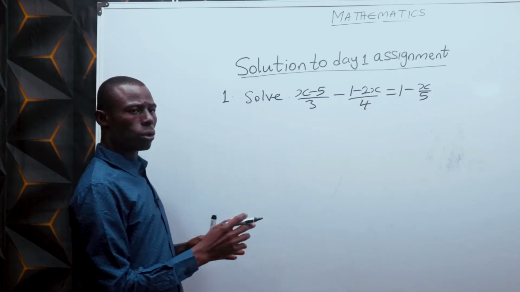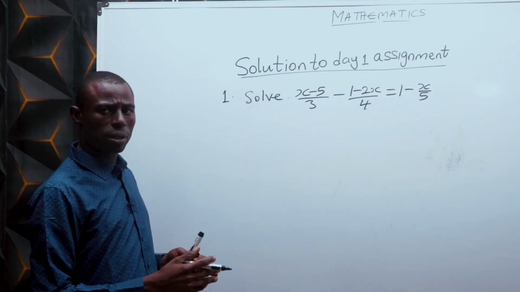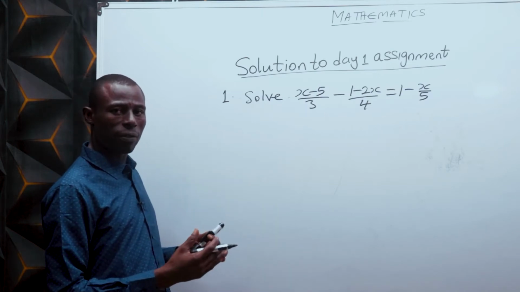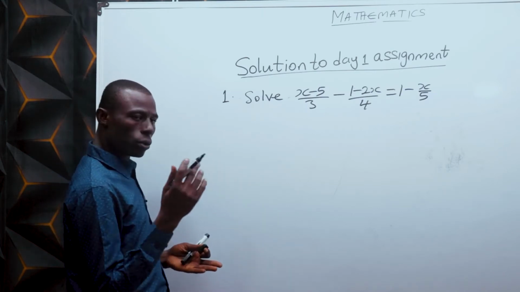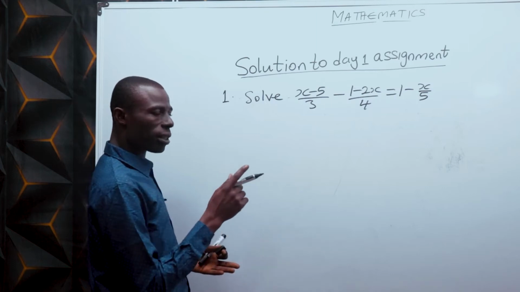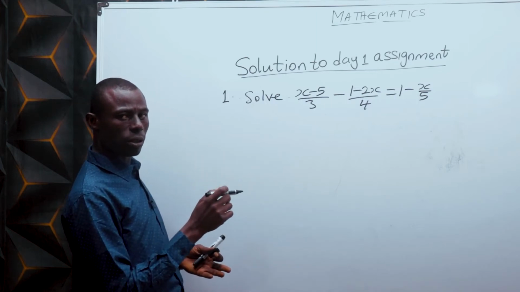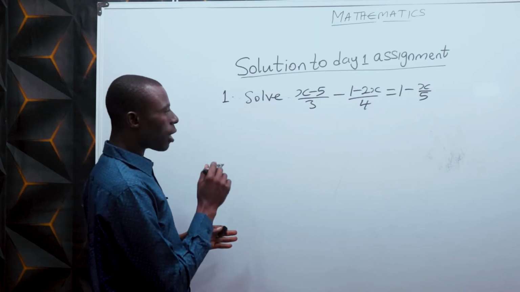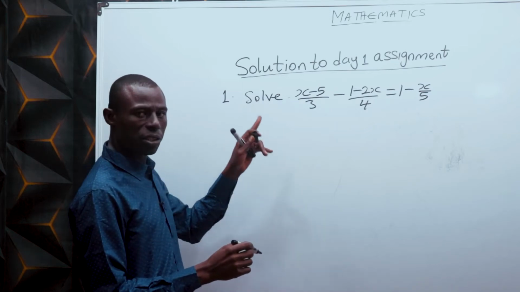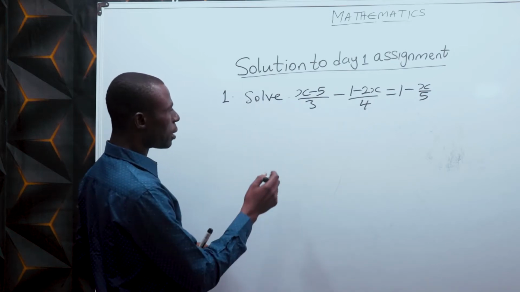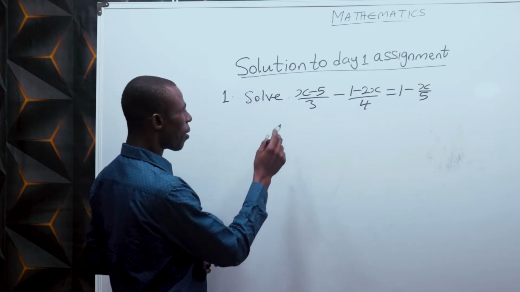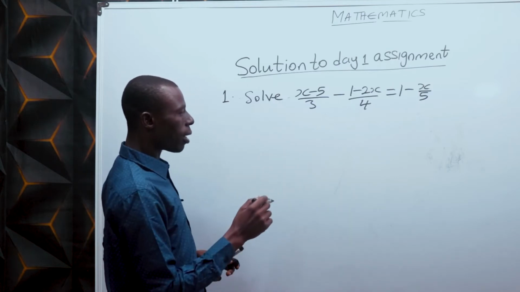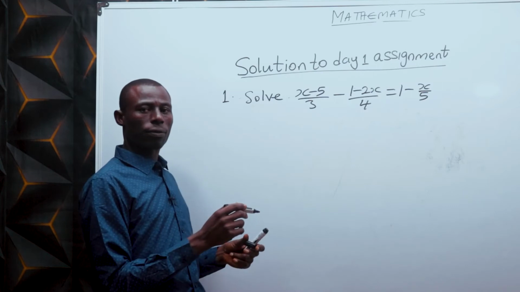The first thing to do, since this is a fractional equation, is to clear the fraction. Don't forget, to clear the fraction, take the LCM of the denominators of the fraction and use that LCM to multiply each term in the equation. The denominators here are 3, 4, and 5.